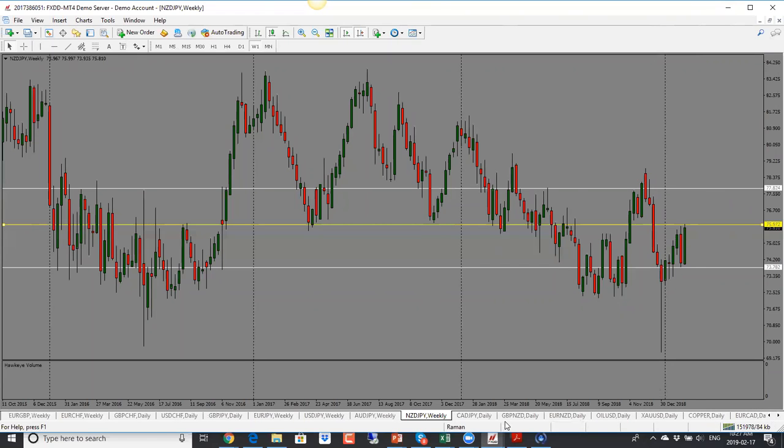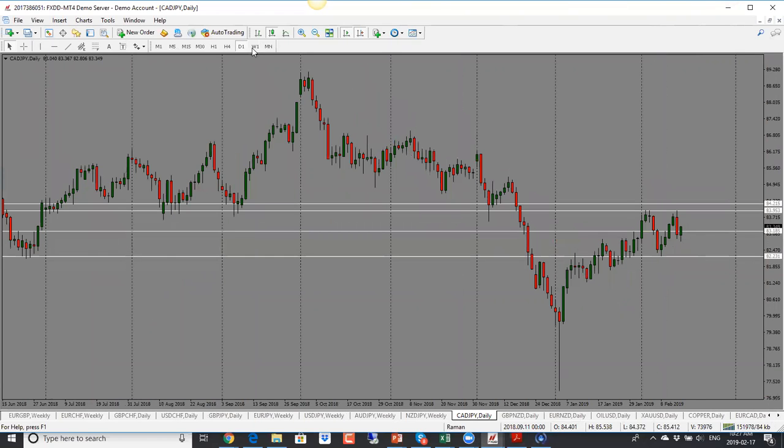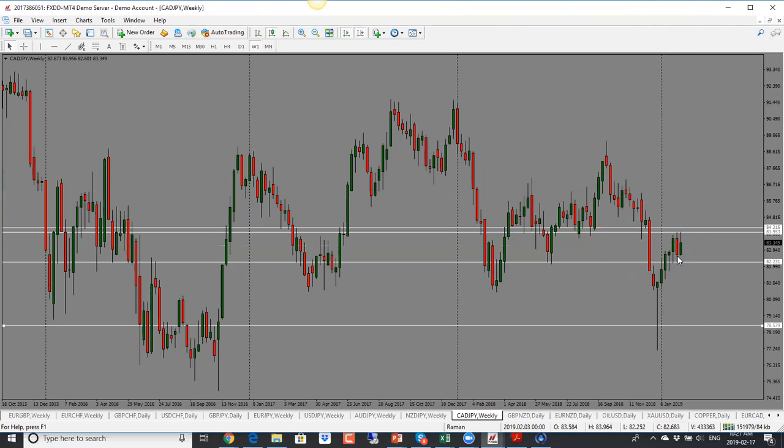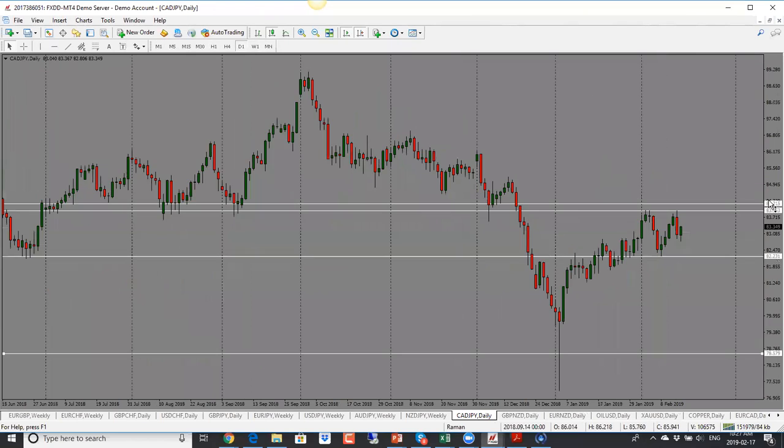All right, CAD yen. And then we'll go into our commodities. CAD yen also trading in this range here for the last 4 weeks. We have a bullish candle close, but if you take a look at the daily here, we see that the price rejected the high here, had a bearish candle close, a pullback, and we could potentially get a drop from the daily perspective.